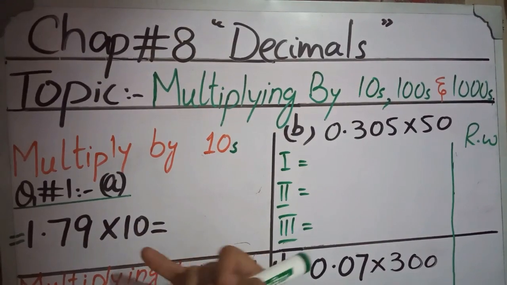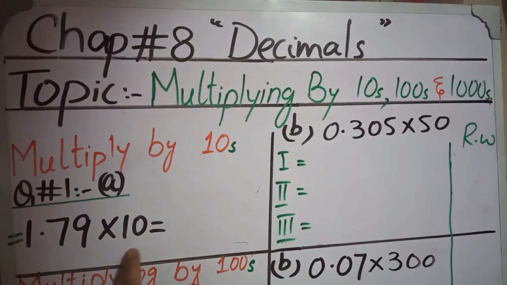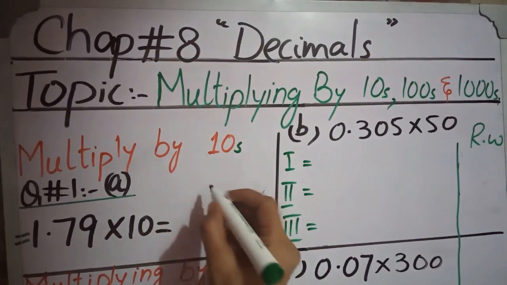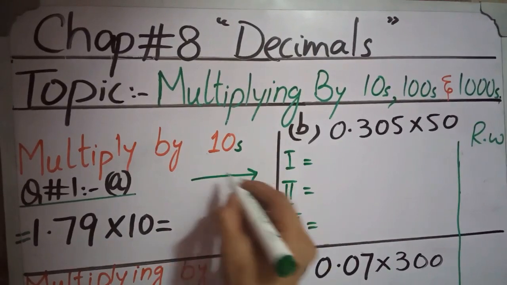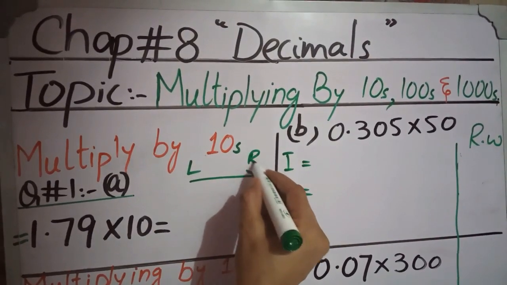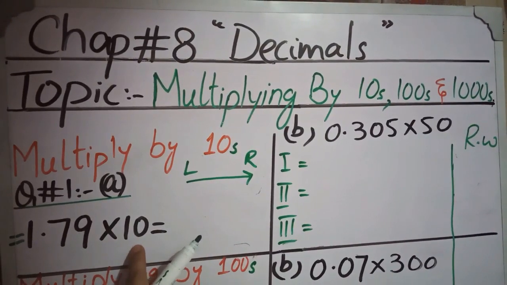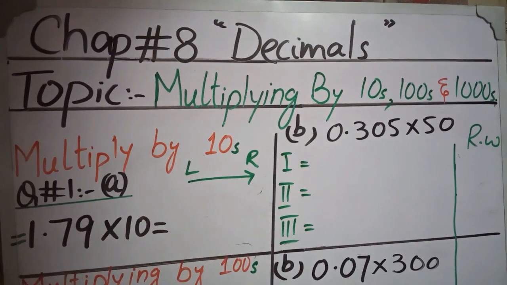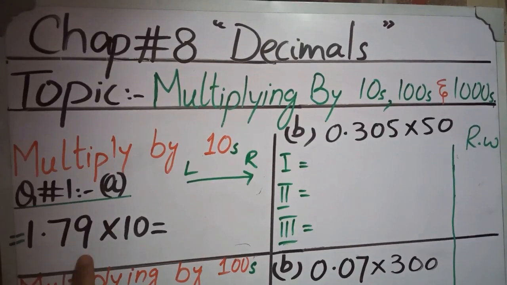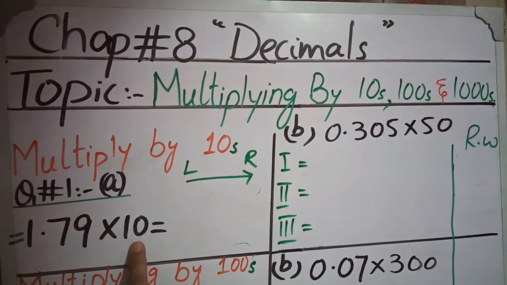To multiply by tens: whenever we multiply a decimal with 10, we have to move the decimal point from left to right. Whenever you have only 10, simply you can see 1.79 times 10.